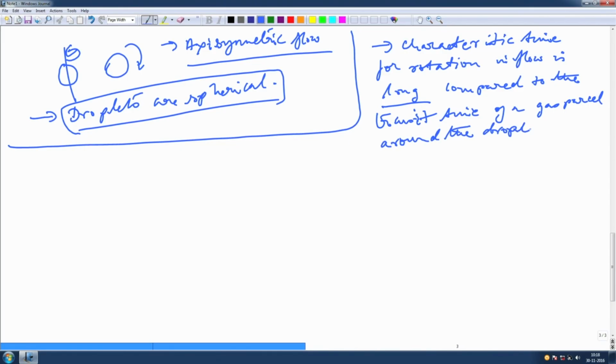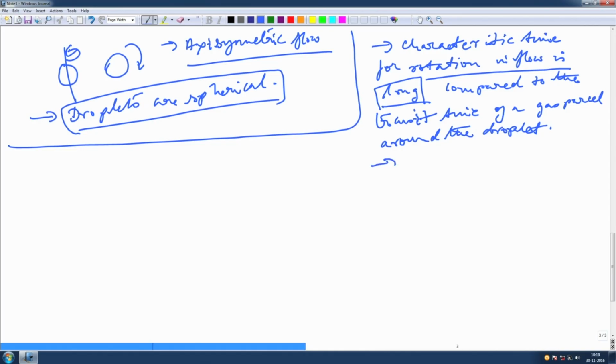You got it? So, what does this essentially mean? If you see that the droplet is rotating, right, it takes a certain amount of time for the droplet to rotate itself. During that time, if a pocket of gas passes over that liquid sphere, and that time scale is very short compared to the rotational time scale, okay, then we can say that the effect of rotation is negligible, so to say. That is why I said the characteristic time for rotation in flows is long compared to the transit time of a gas parcel, right.